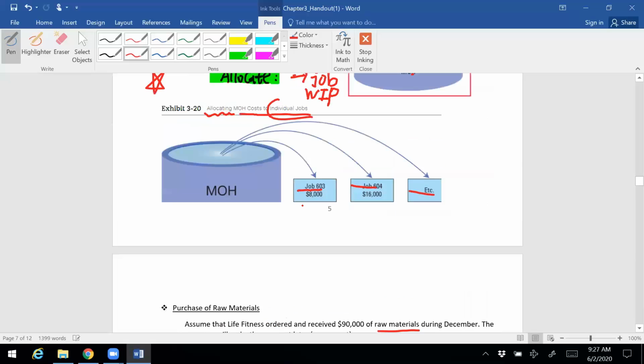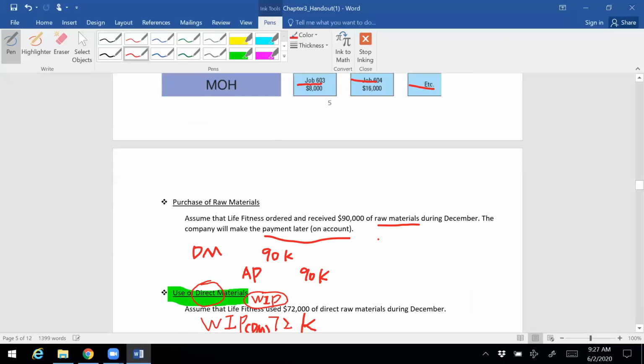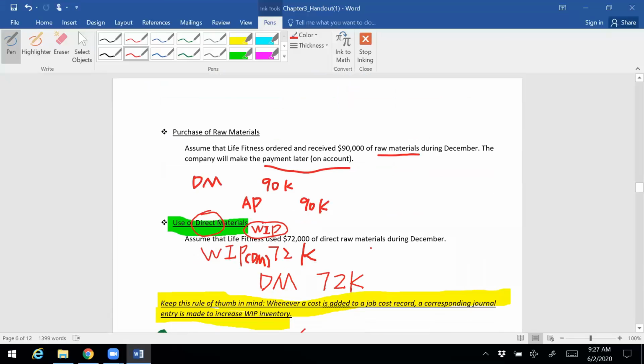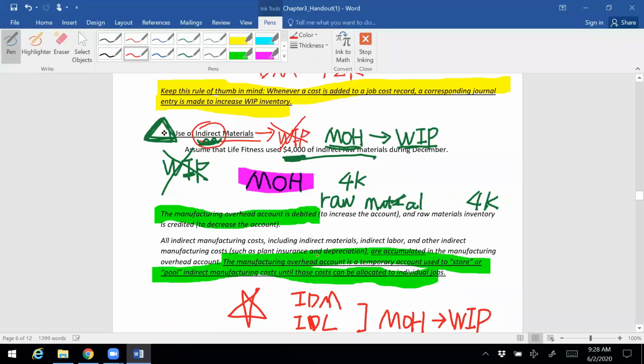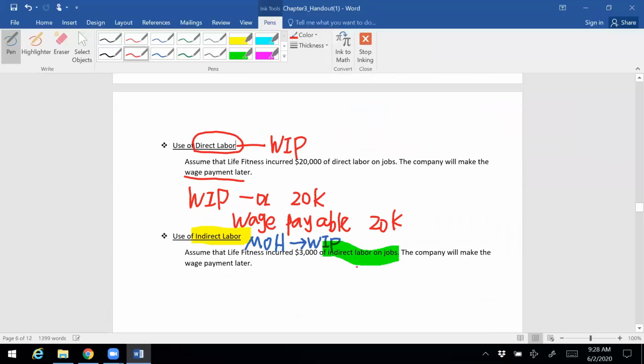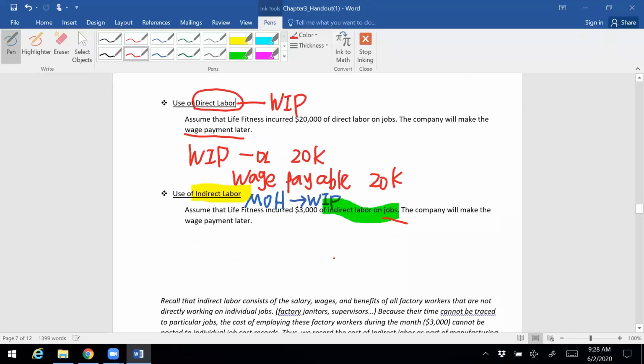If you go to your textbook, it says you are working on one specific job. So totally you spend $3,000 on jobs, and you don't know how much goes to that specific job.